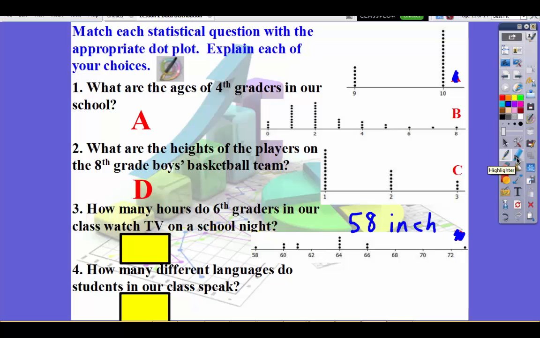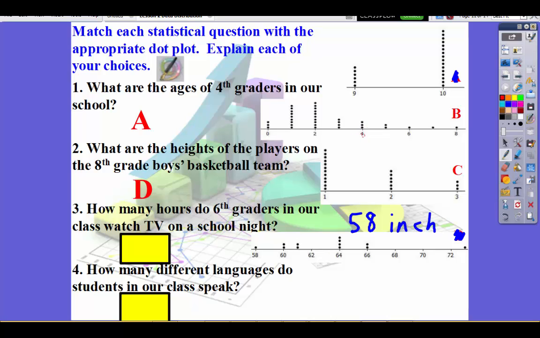Okay, now for number 3. How many hours do 6th graders in our class watch TV on a school night? Well, let's check with this first one. Do I think some people watch 0 hours of TV? Yeah. Do I think some watch 1 hour of TV? Could be. 2 hours? Yeah. 3 hours? It's maybe okay. 4 hours?